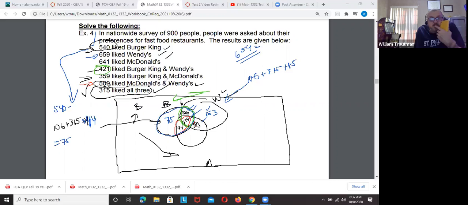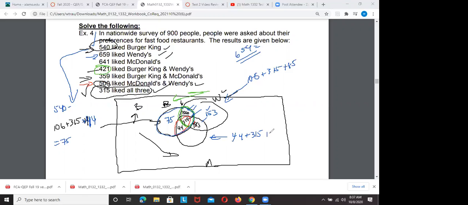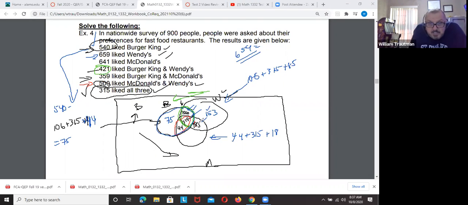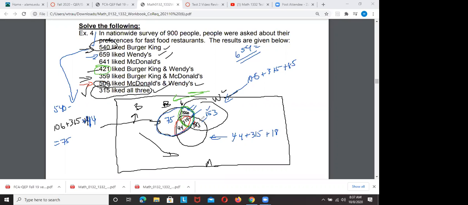Finally, McDonald's. There's a 44 in there. There's a 315. And then there's a 180. I don't know what that number is. Is it 185? Yeah, it's 185. Okay, thanks.